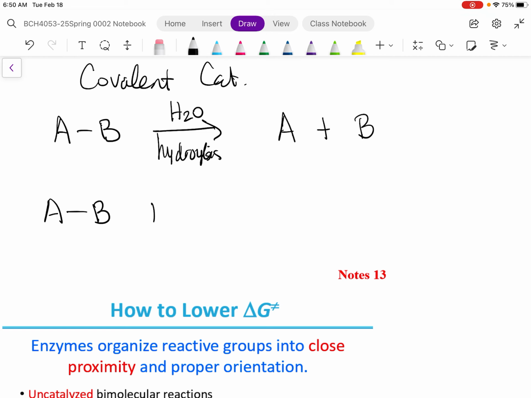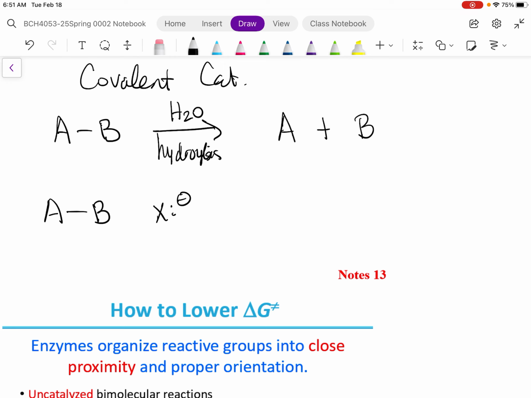So I'm going to represent it by an X. And that X represents side chains of amino acids, because side chains can now act as a nucleophile or an electrophile.